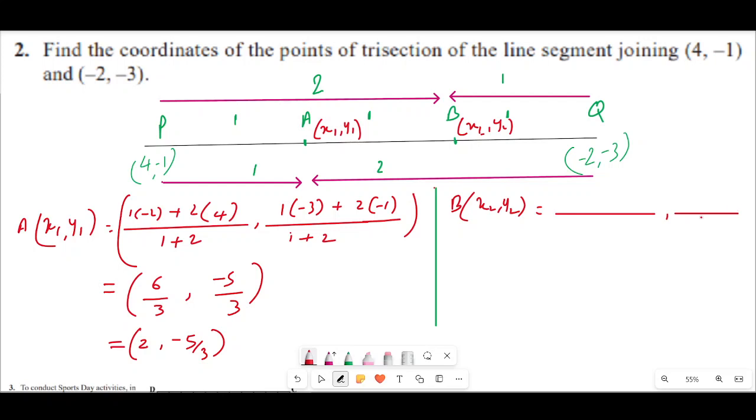First we should write 1 plus 2, no, this is 2 plus 1.